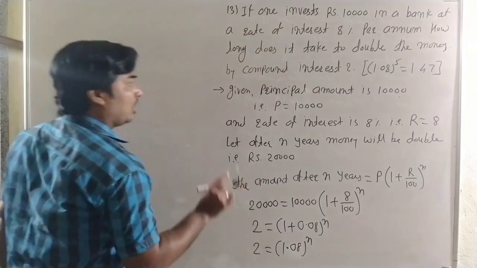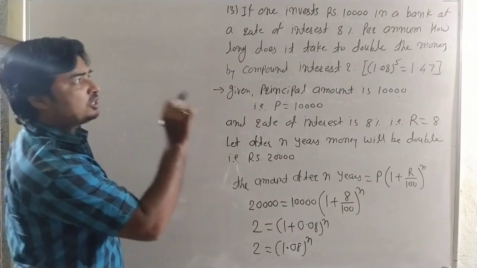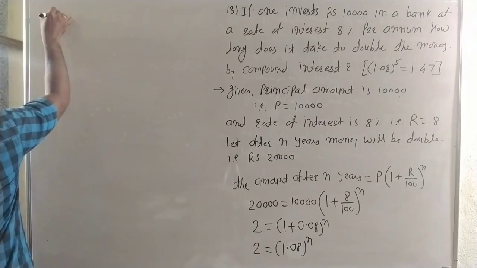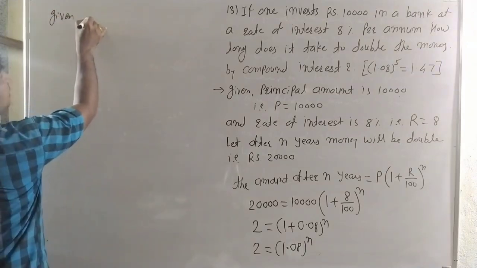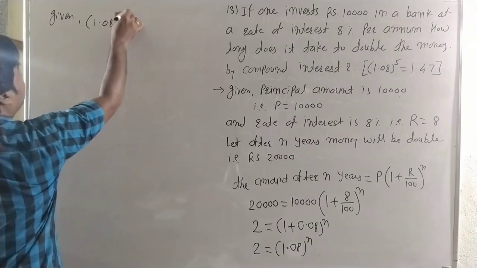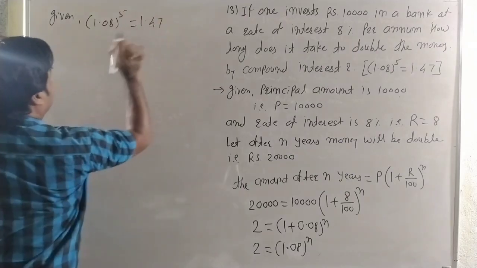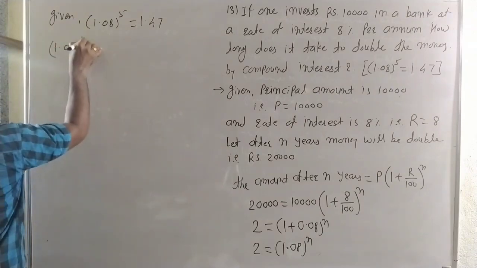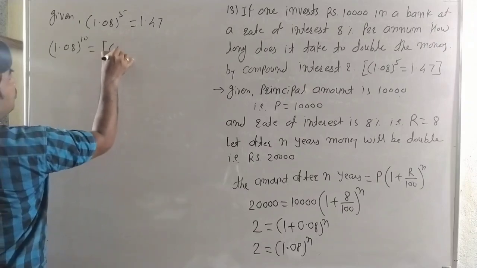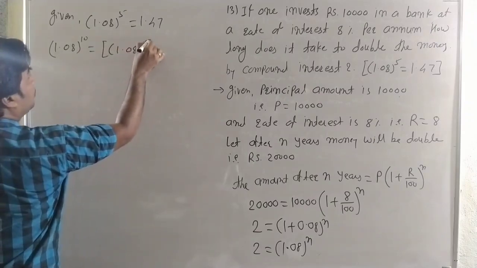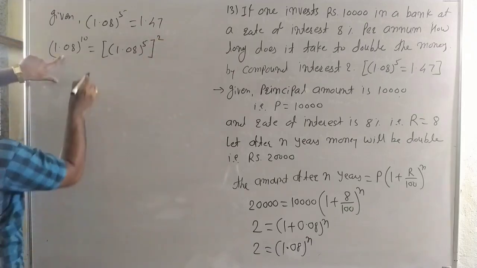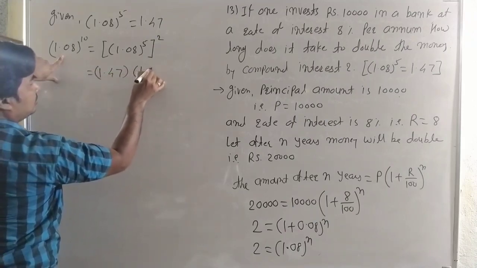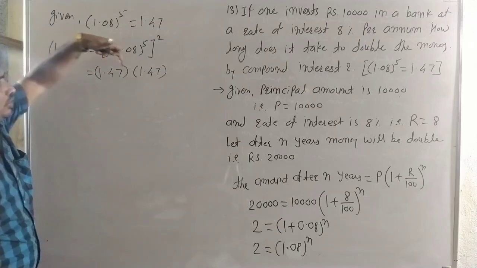Now first we check whether 1.08 to the power 10 is near about 2 or not. It is given that 1.08 to the power 5 is equal to 1.47. Now 1.08 to the power 10 means 1.08 to the power 5 squared, that means 1.47 into 1.47, the square of this term.